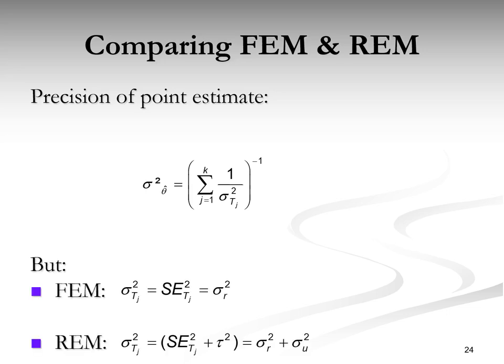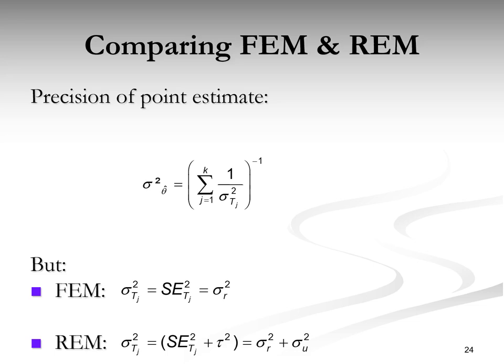But again, the difference is in that variance of t. In a fixed effects model, it's the sampling variance only. In the random effects model, this variance of t is equal to the sum of two types of variance: sampling variance and the true variance, or the variance in population effect sizes, tau squared.